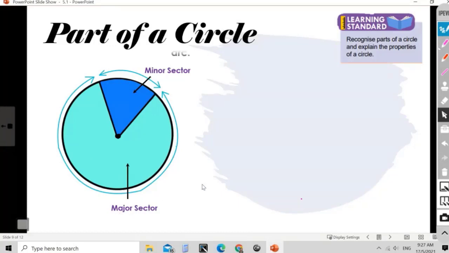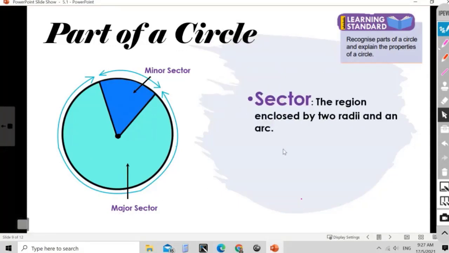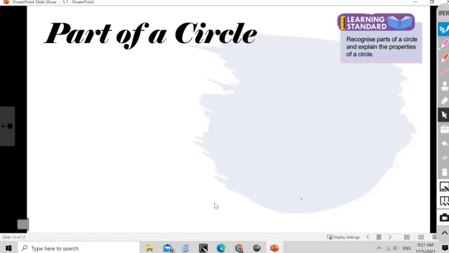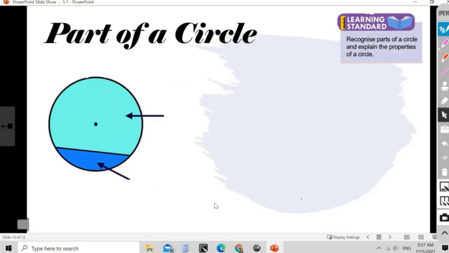So a sector is the region enclosed by two radii and an arc. So you have to be clear on the definitions of parts of a circle.